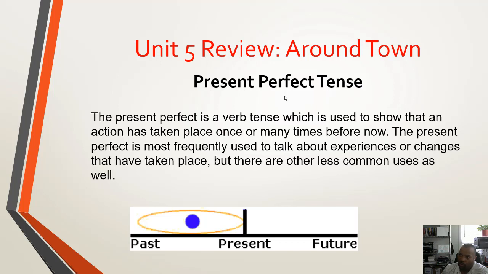So just so that we don't get things confused, let's remind ourselves about the present perfect tense. The present perfect tense is a verb tense which is used to show that an action has taken place once or many times before now, once or many times in the past.